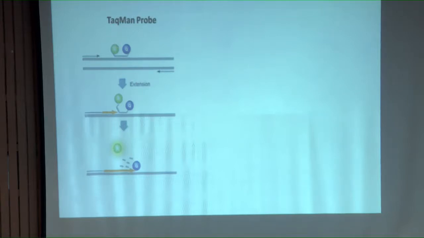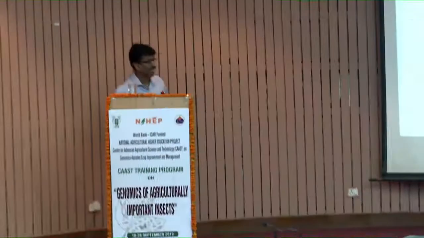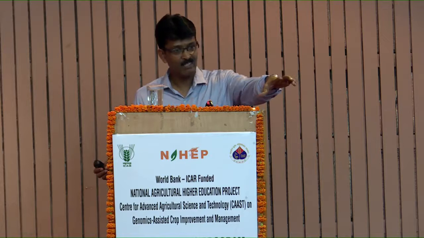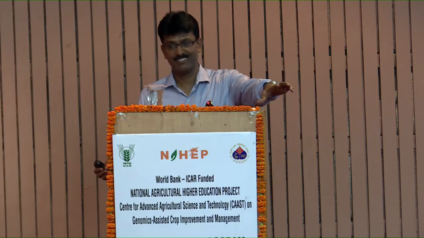On one side you have a fluorescent dye attached at the 5' end, and on the other side you put the quencher. I hope you understand what a quencher is. A quencher is something which is going to suppress the fluorescence. The literal meaning of quencher is that it will suppress the fluorescence emission, right?